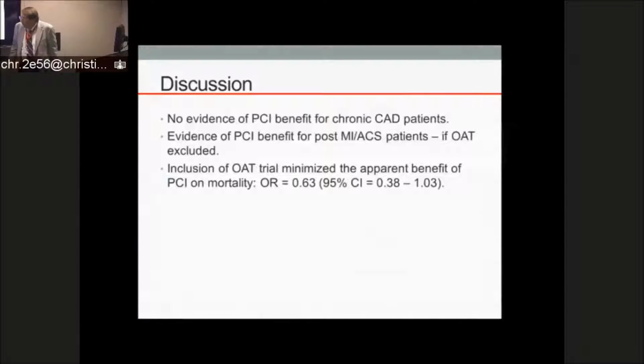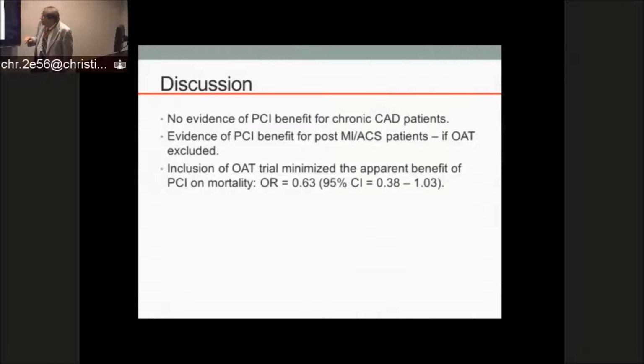So the point of this is that when you read meta-analyses, you need to look carefully at who's included, what studies and what patients are included in the meta-analysis.